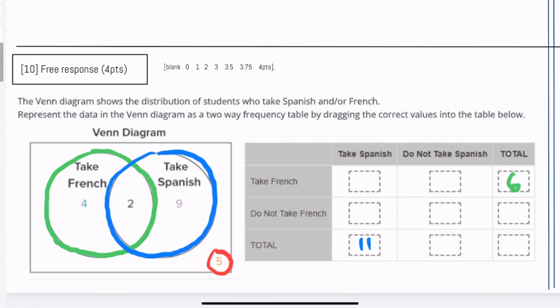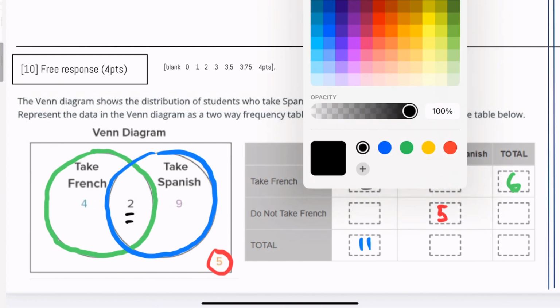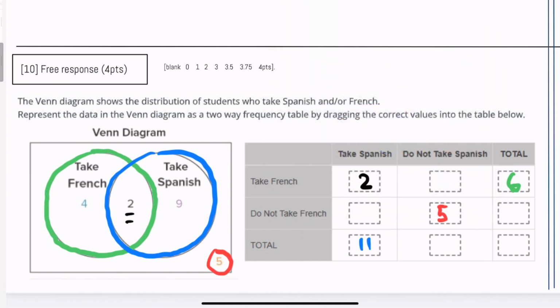So that would be no French, no Spanish. Okay. Another one that we need is the 2, that they are both taking, yes to French, yes to Spanish. So that would be a 2.